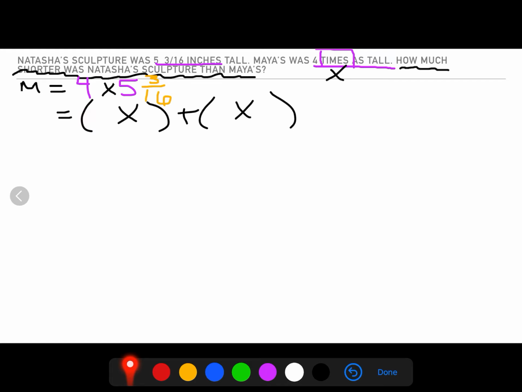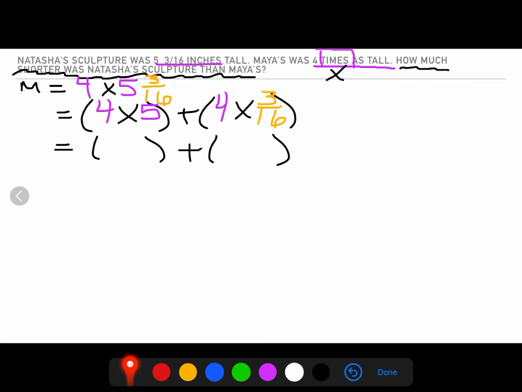What two numbers am I going to put in my first set of parentheses or my first partial product? That's right, 4 times 5. What about my second set? That's right, 4 times 3/16. And now let's solve. Go ahead and solve for your first set of parentheses.